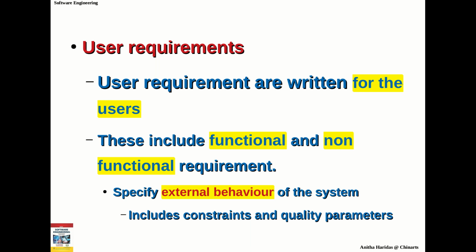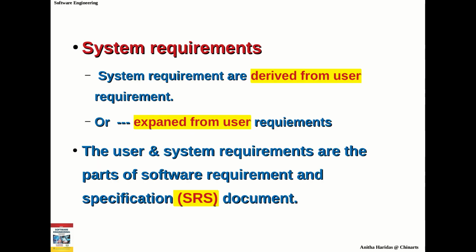So attendance management becomes a functional requirement, and the quality of the attendance management system can be specified with availability or maybe with user friendliness. Then it becomes a non-functional requirement also. Now, from the attendance management system, which is a user requirement, I am going to derive a system requirement which says you need a fingerprint reader.